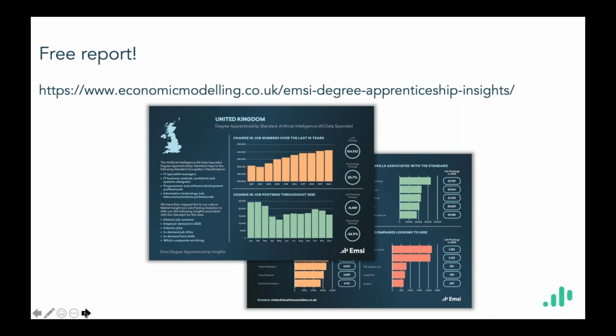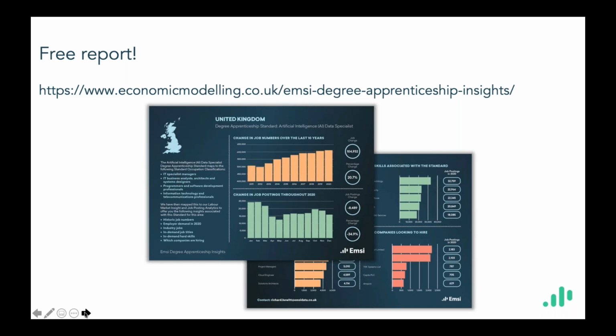If you've found this approach to understanding labour market data useful to assess the potential for a degree apprenticeship standard in your region, then I'm very pleased to announce that we do have some new free reports to share. Obviously, we've only recently launched our local regional economic outlook reports, which if you haven't already got, you can go to our website and there'll be a pop-up that comes up so you can get those as well. And I'll make sure there's a link in the email we send out for those. But these are a bit more tailored.